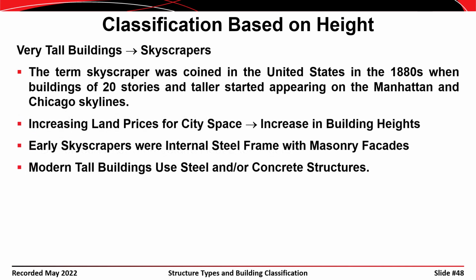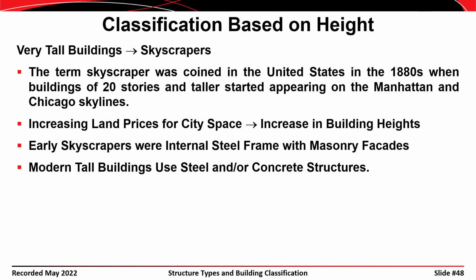Okay, the term skyscraper was coined in the 1880s for buildings that were 20 stories or taller. These started to pop up in Chicago and in Manhattan, and were primarily due to increasing land prices in the cities. So it was cheaper to buy a small parcel of land and build the building higher than it was to buy a larger parcel of land and build the building not so high.